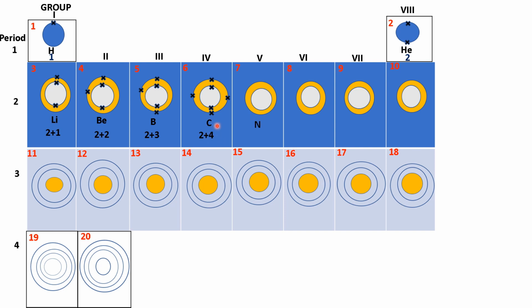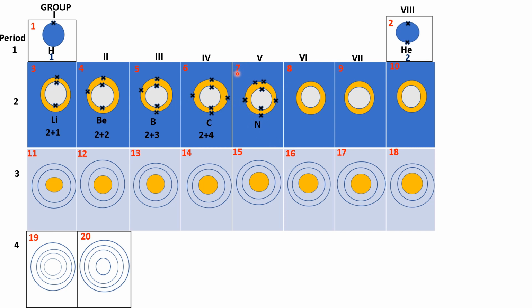These 4 are called valency electrons, present in the outer shell. So carbon is present in group 4, and according to the shells, 1, 2 shells, carbon is present in period number 2.